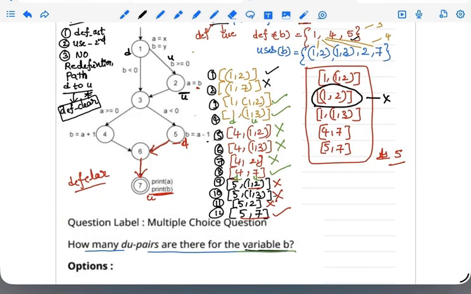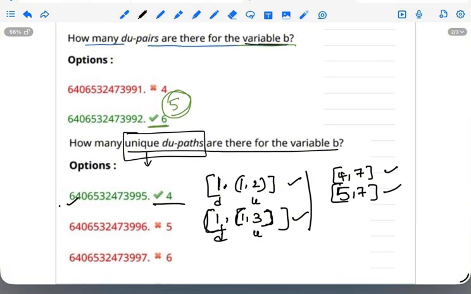Because of that they consider only unique uses: the unique du path from the definition at node 1 and use at edge 1 comma 2, not at node 2. So the answer for this question is 4, not 5.